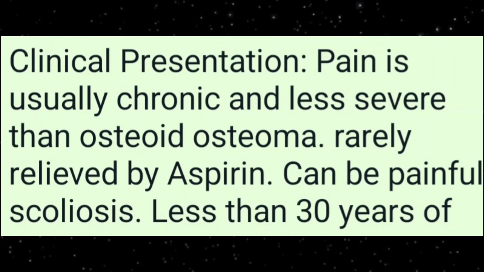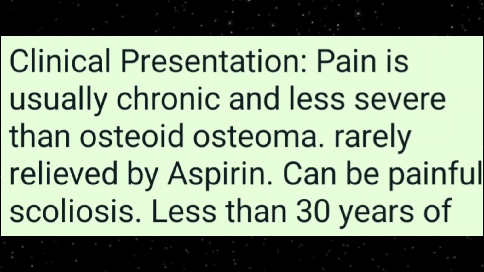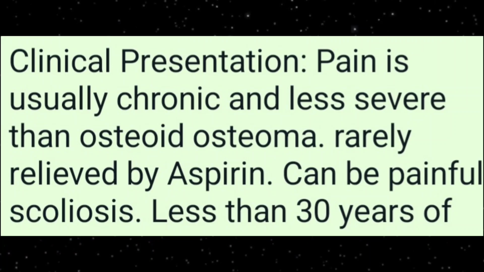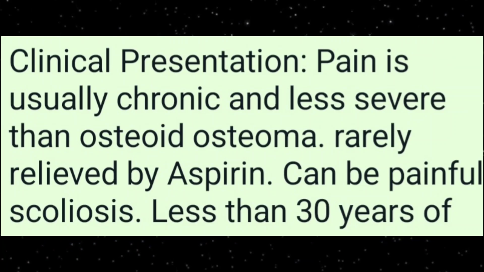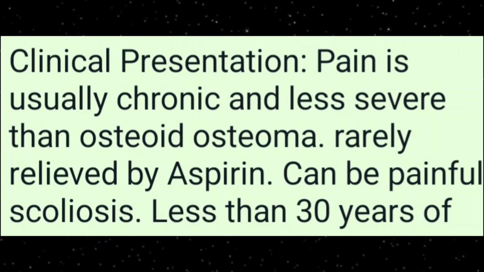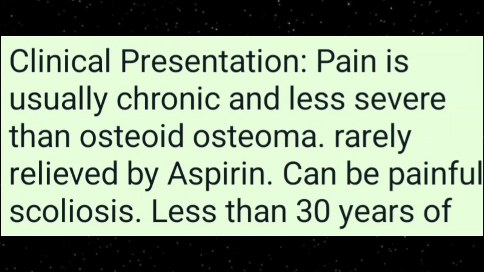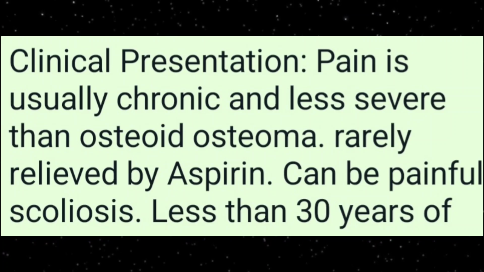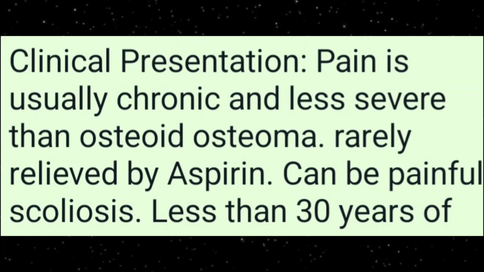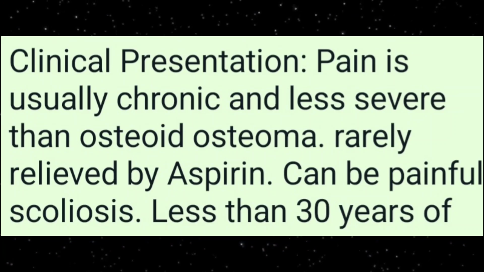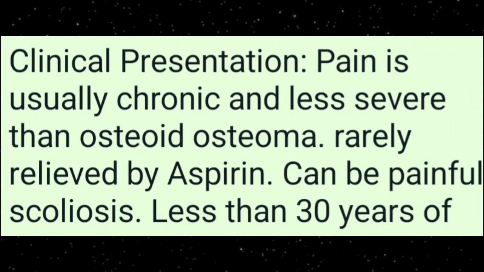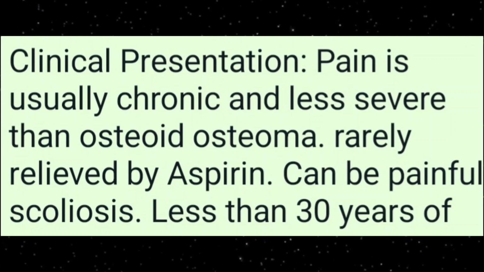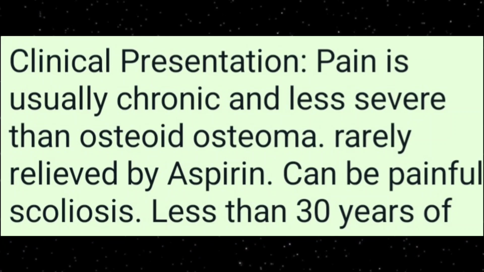It will be rarely relieved by aspirin and can cause painful scoliosis, and it is usually seen in patients less than 30 years of age. The one important difference is that osteoid osteoma can be easily relieved by taking aspirin, while osteoblastoma won't.